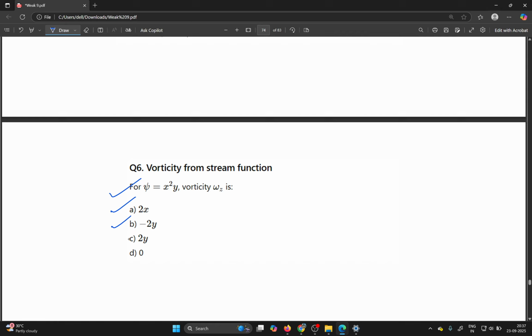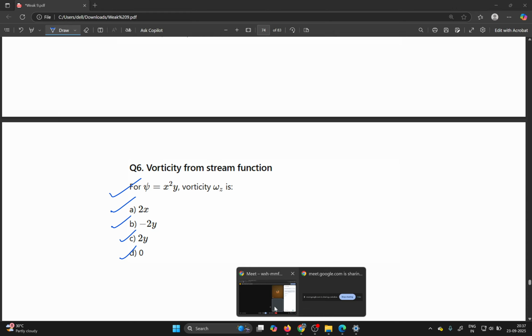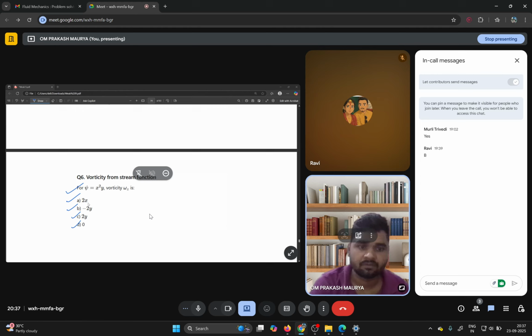Options: 2x minus 2y, plus 2y, or other. Which will be correct? You have 5 minutes for this because this is a very tricky question. So remember please, you have to calculate the vorticity wz. Think on that and try to calculate it within 5 minutes please.